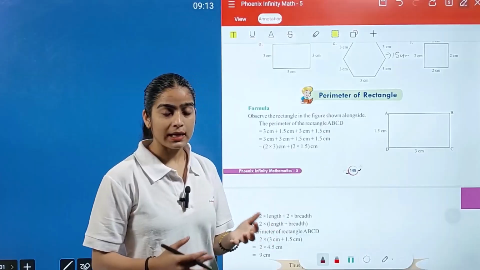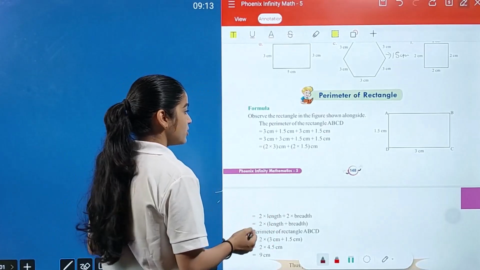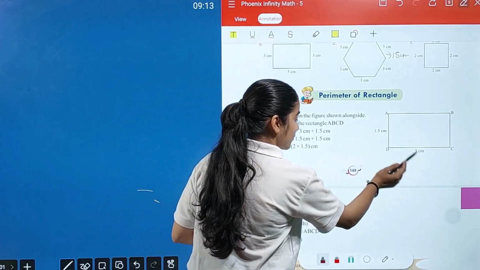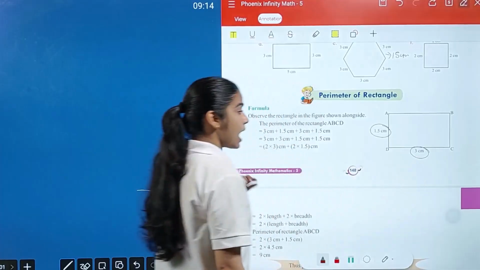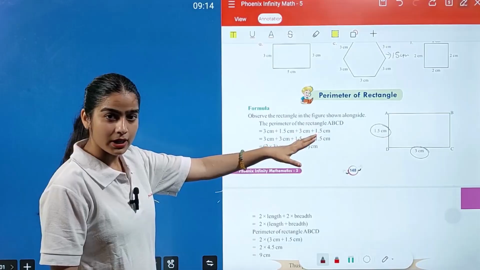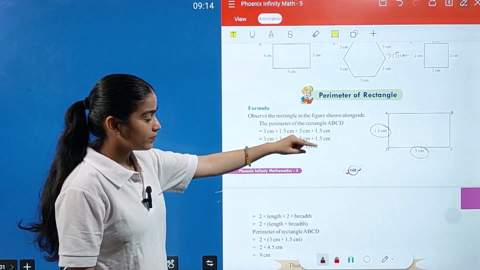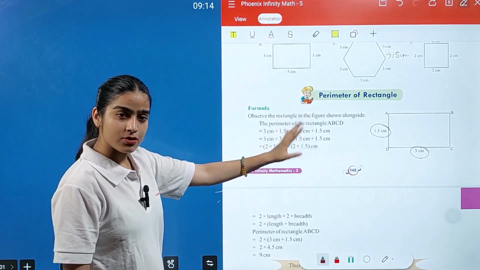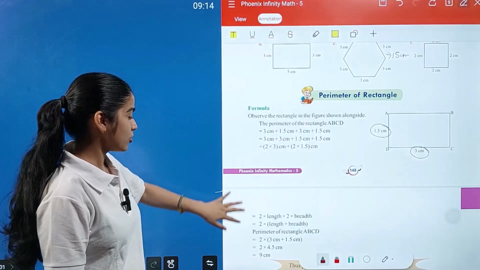As we already know, in a rectangle opposite sides are equal to each other. So we take these two measurements and add them together, 1.5 centimeters and 3 centimeters. The remaining two sides we are not adding. After adding these two sides together, we multiply by 2 and you will get your perimeter.